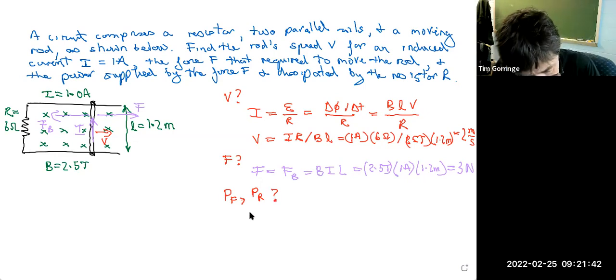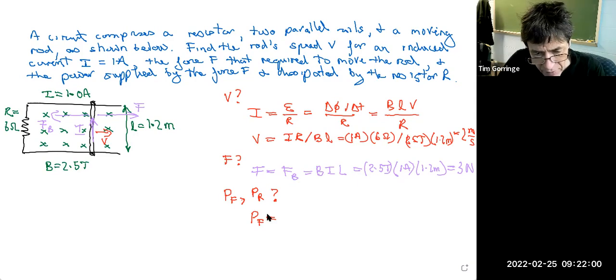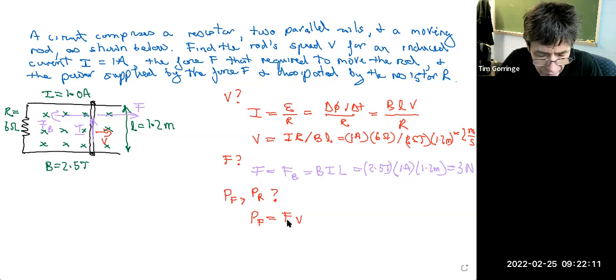So for the power that I supply with my force, well, my force supplies power to the circuit, and the magnitude of that power is simply, this is an equation from 2 to 11, the product of the force that I'm applying times the speed of that rolling rod.